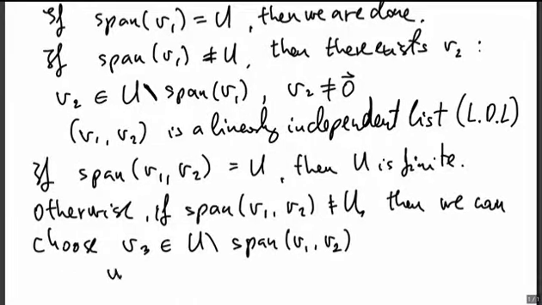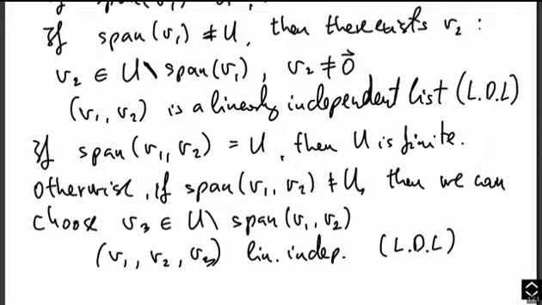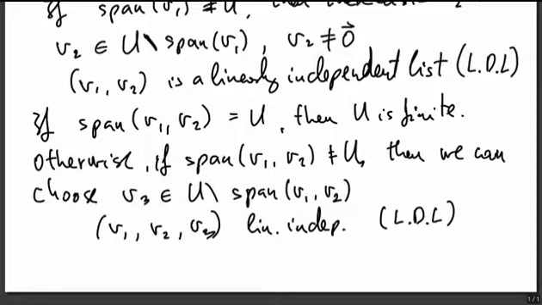Again, V1, V2, V3 is a linearly independent list according to the linear dependence lemma. Otherwise, V3 would be a linear combination of the previous ones, since we already know that V2 cannot be. But that's not possible because V3 is in U but not in the span of V1, V2. So this is a linearly independent list.